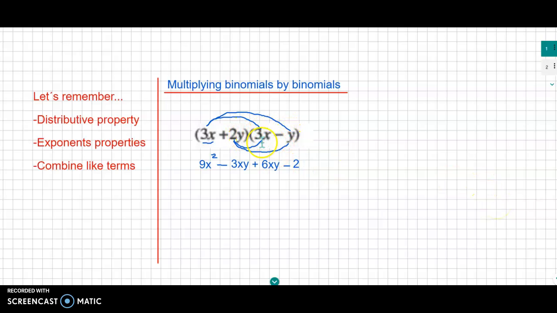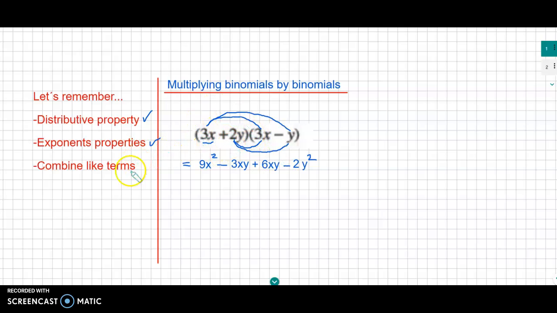And here we have the same variable, y and y, so we write y and we add the exponents, because 1 and 1 will be 2. So this is the first step. We already applied the distributive property by multiplying, and then we used the exponent property when adding the exponents.